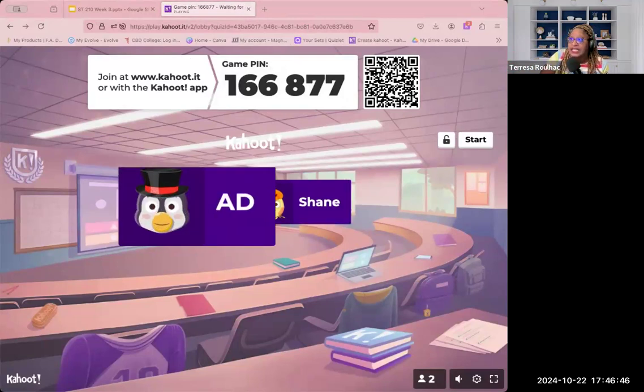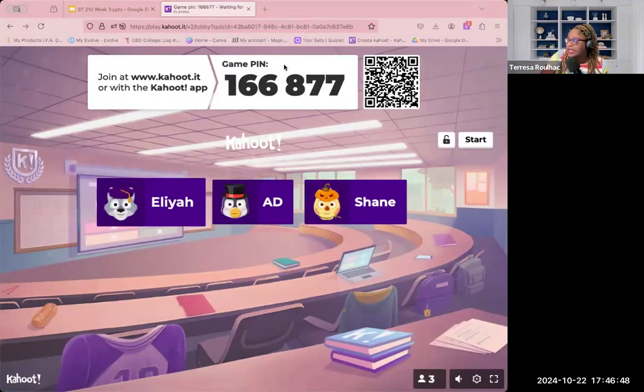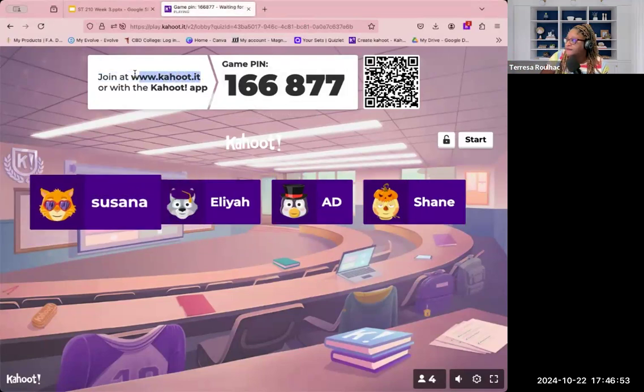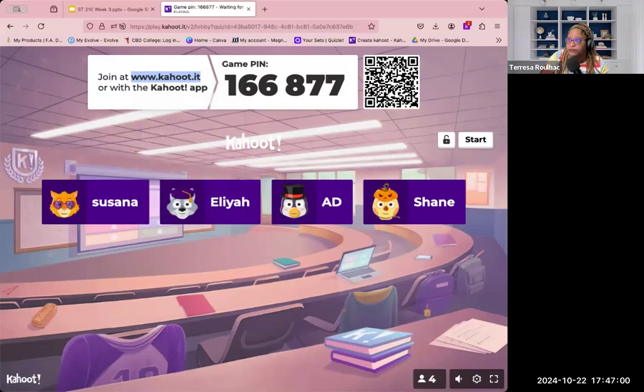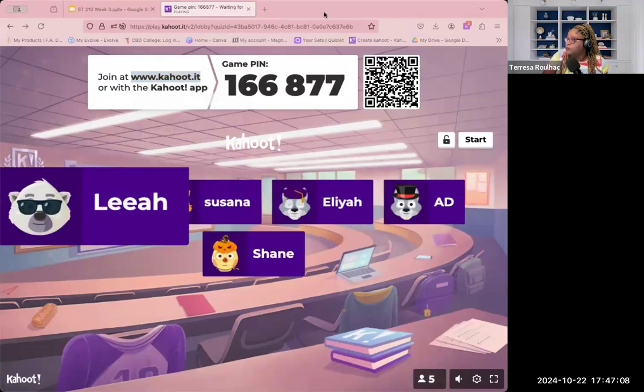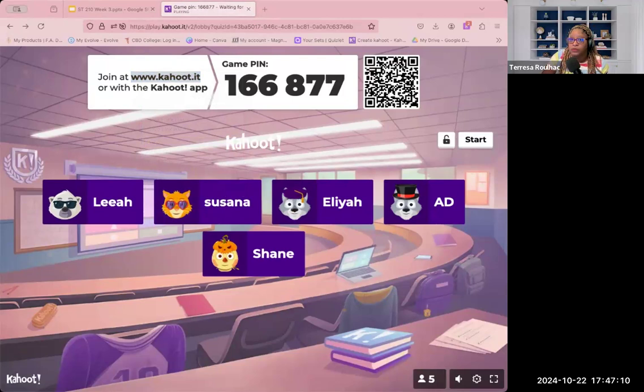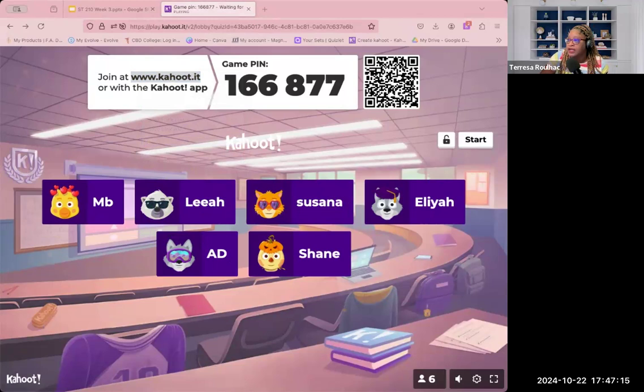So there are 13 of us. Let's see how many can log in. And again, if you are not able to log in, that is okay. Just send me a message later so that I will know.